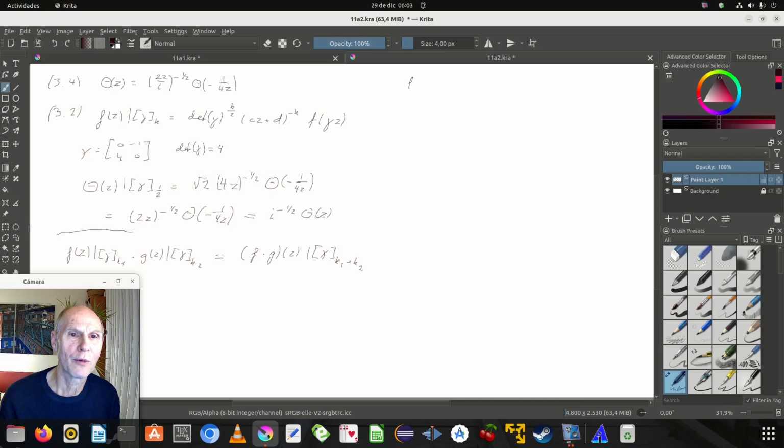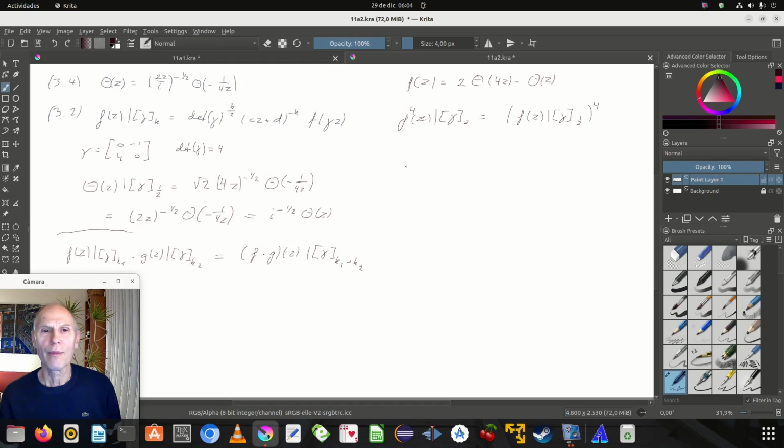Now I'll do it correctly. F of z equals, and what we need is f to the 4th, gamma 2, so k is 1/2 here, and then put that to the 4th. That was my idea.